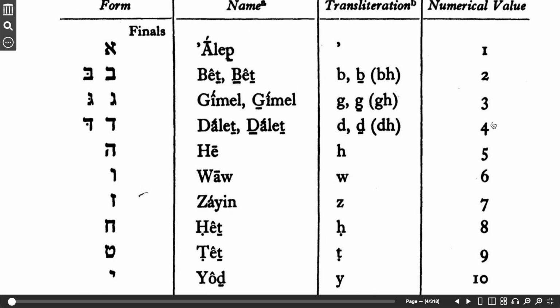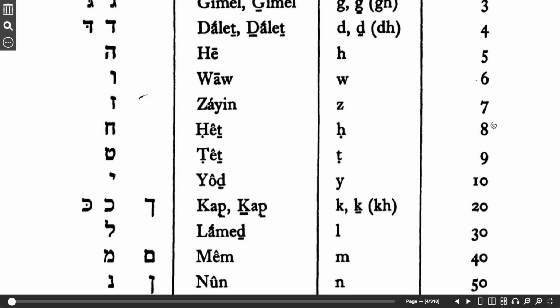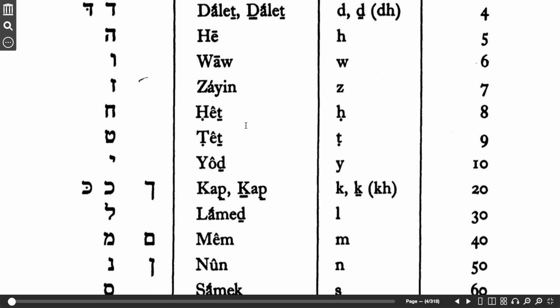You can look at translations and the numbers are there, but if you want to see how it looks in Hebrew, this is how they did it. They didn't have a numbering system. They used the consonant letters to show numerical value. We'll look at that later, but right now we just want to keep going through these letters.